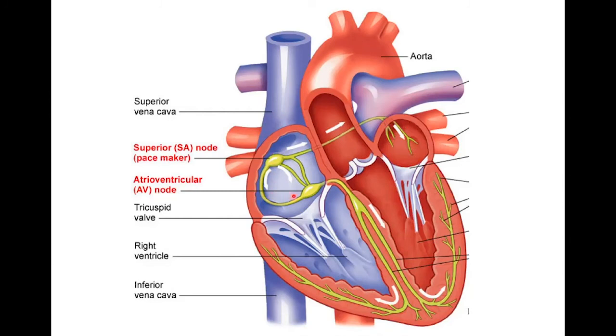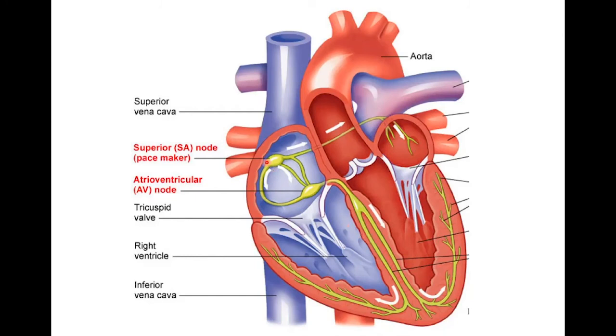When that signal then arrives at the AV node, there is a slight delay before sending it further to depolarize the ventricular tissues. And when the ventricles depolarize, they will then also subsequently contract. And remember, the average cardiac cycle is about 0.8 seconds.